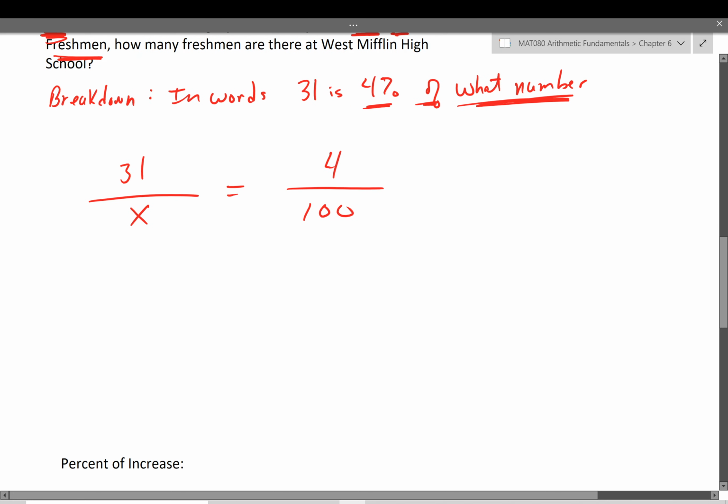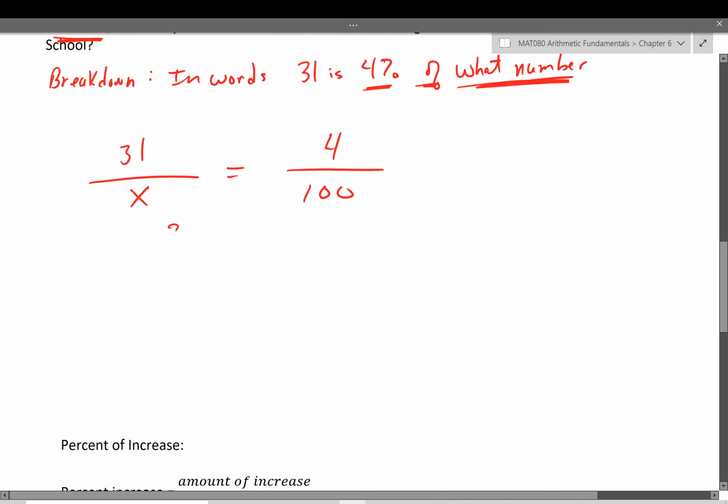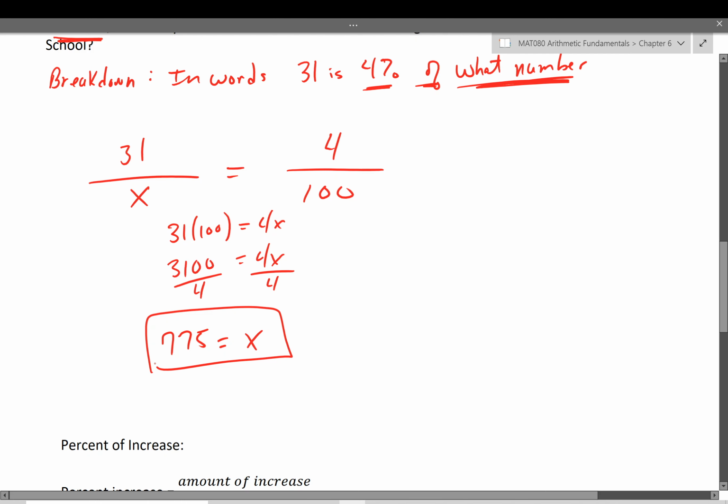So from here, we cross multiply. 31 times 100 equals 4x. 31 times 100 is 3,100 equals 4x. Then divide both sides by 4 to give you x equals 775. So there are 775 total freshmen.